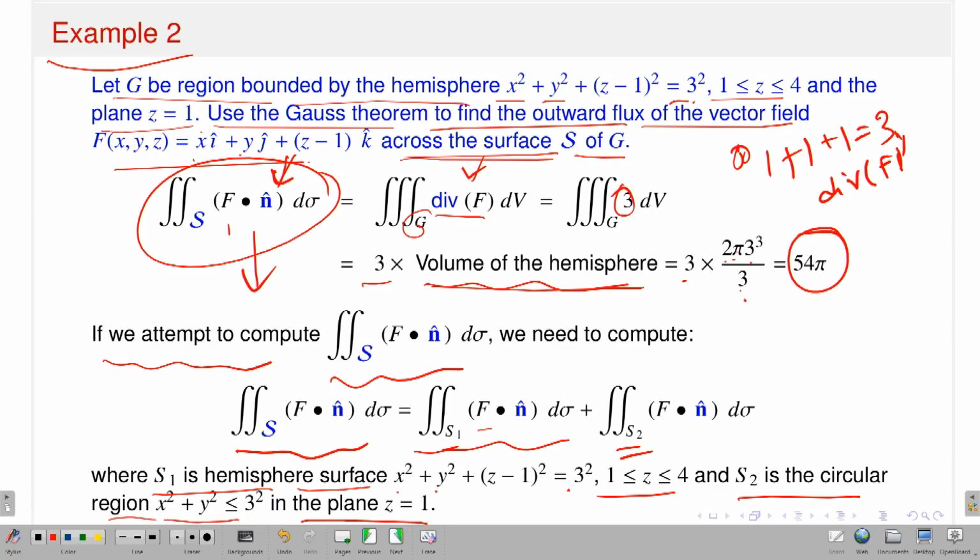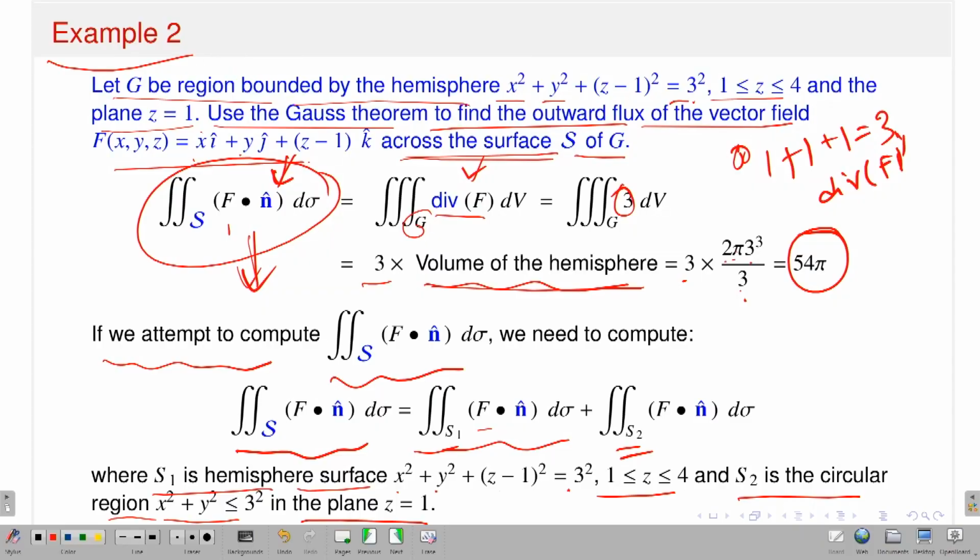So I have a solid region bounded by the hemisphere along with the circular region in the plane z is equal to 1. Therefore, if I calculate this independently, without using Gauss theorem, you can break this surface integral of F dot n, the normal component of my vector field, into two parts, S1 and S2.